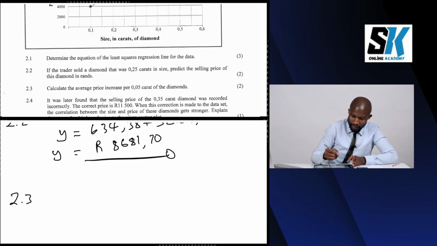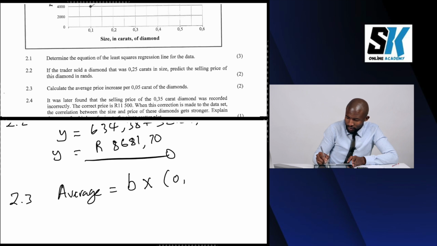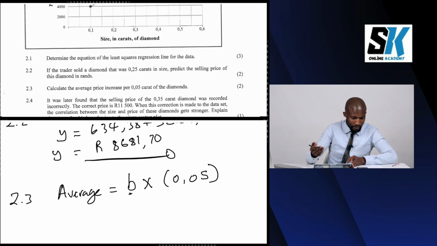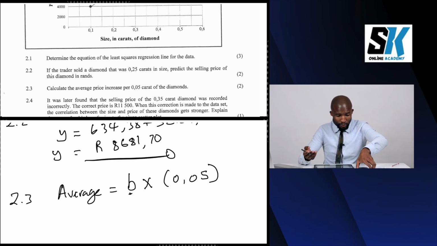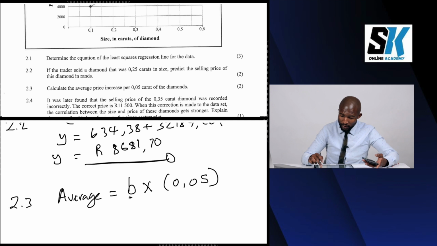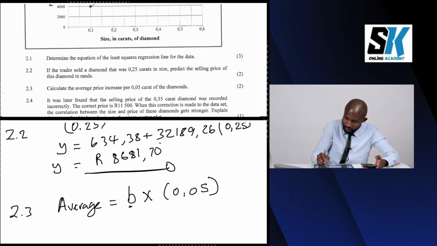So to get the average, you simply say that the average is equal to B times that 0.05. And if you remember, this B is the value of B that you have in your formula.